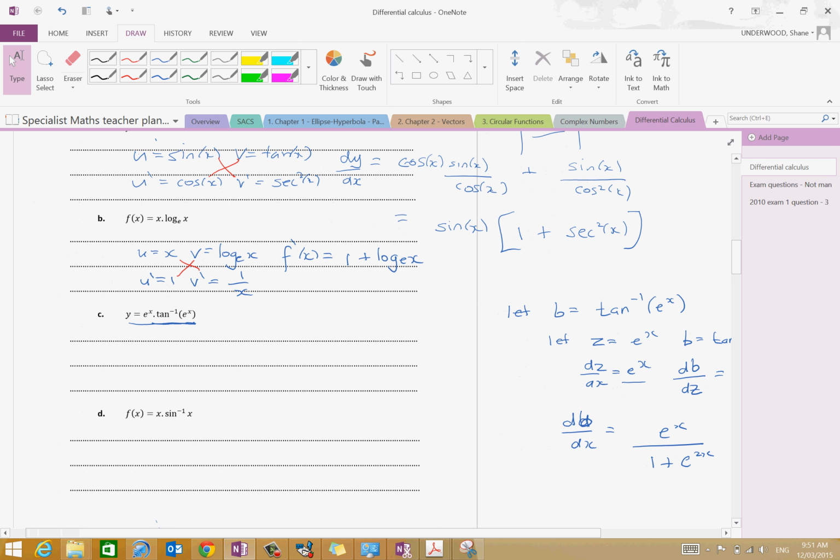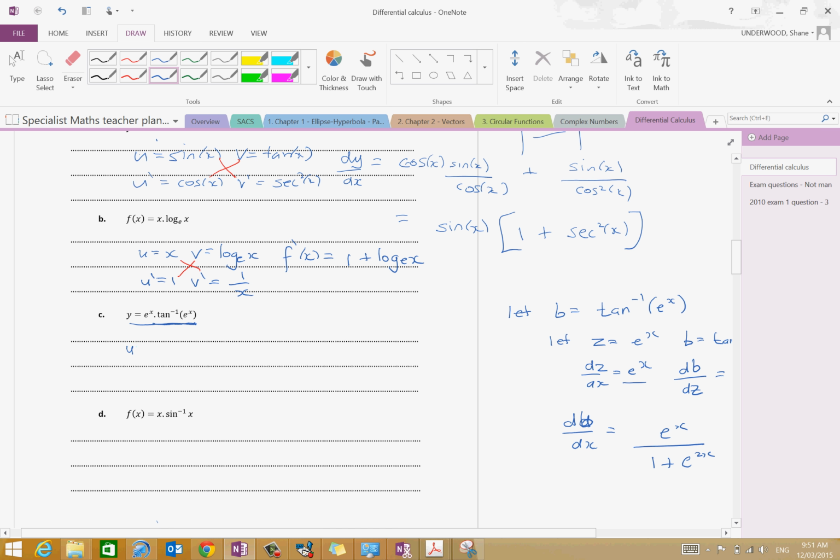So what I can do now is I can say that u is equal to e to the x. V is equal to inverse tan e to the x. U dash is equal to e to the x, because that's the derivative of that. And v dash, well, we've done it over here.